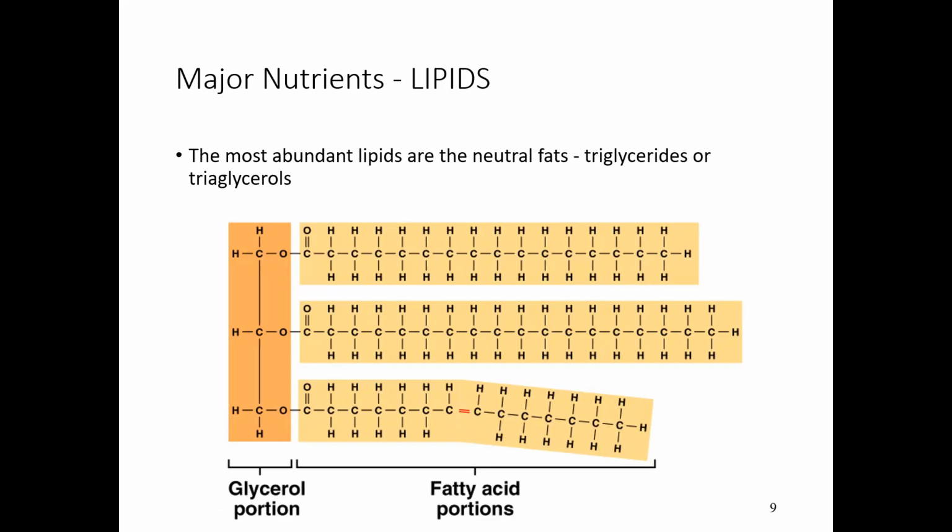With the double bond in place there, we don't get van der Waals attraction holding it into a solid. Animal fats are solid at room temperature because they are saturated. Plant fats are liquid at room temperature because they're unsaturated. When they're unsaturated, they have at least one double bond in one of the fatty acids.